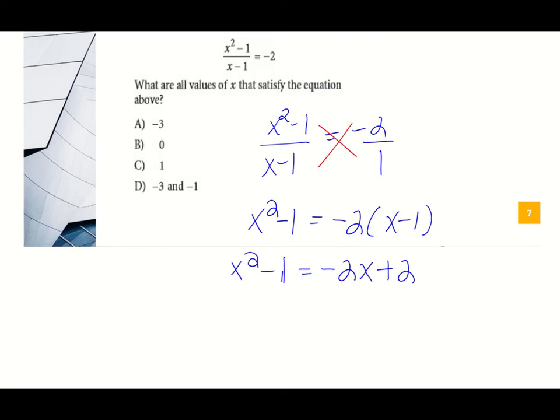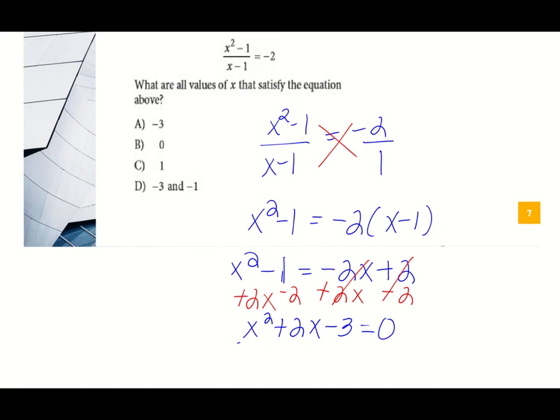So to do that, I'm going to add 2x. That's going to be by itself because it doesn't have a like term. And I'm going to subtract 2, and that's going to go with the -1. So that gives me x squared plus 2x minus 3 equals 0, because -1 and -2 combine together. Well, now I can factor.